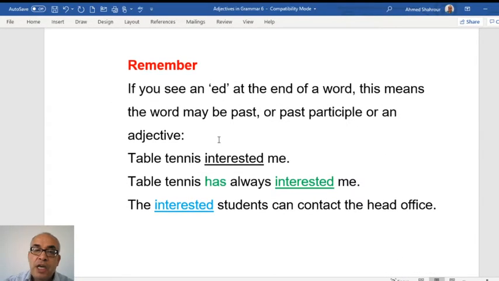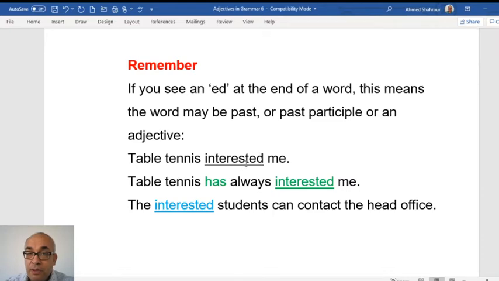Remember, if you see an ed at the end of a word, this means the word may be past or past participle or an adjective. So if I say table tennis interested me, interested is what?